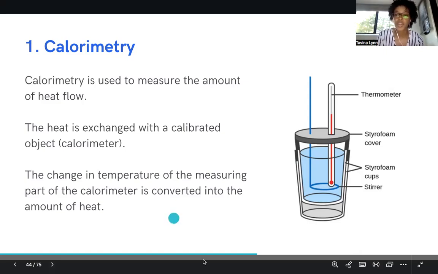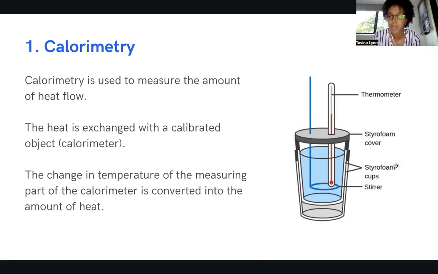So this figure here is similar to what you will be doing in, I think, experiment number 3, which is setting up what's called a coffee cup calorimeter, right? You're going to use 2 styrofoam cups, and that is your calorimeter. In theory, your calorimeter doesn't allow heat to escape or come in from the outside surrounding environment, but that may not necessarily be the case in our experiment.